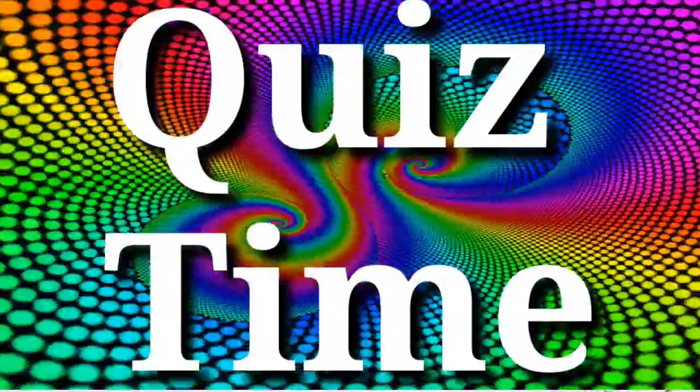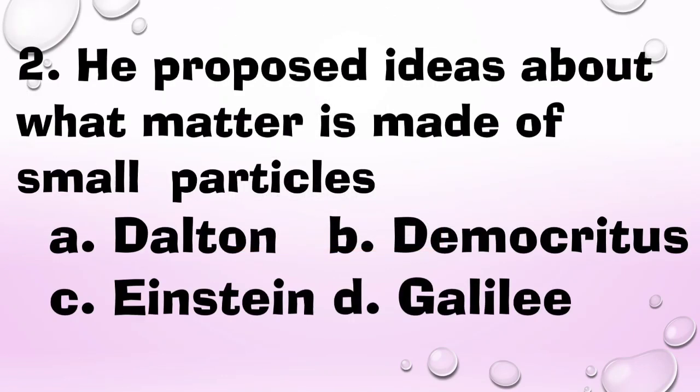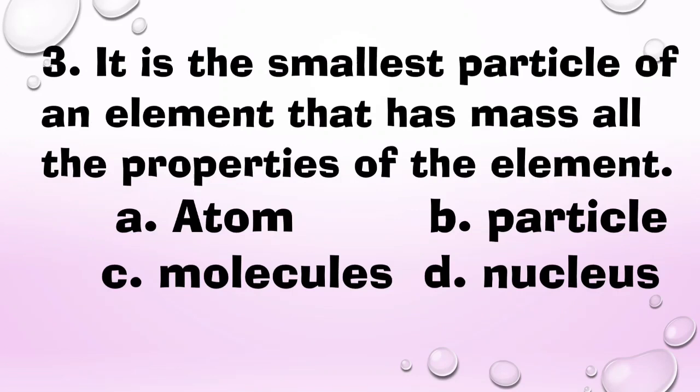Quiz time! Choose the word for the best answer. If a particle consisting of two or more atoms combine together in a specific arrangement, we call that as molecules. Number 2. He proposed that matter is made up of tiny particles. He is Dalton. Number 3.